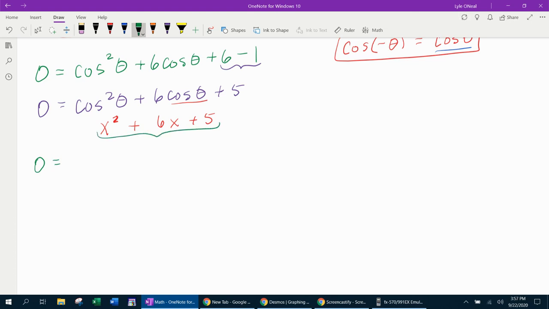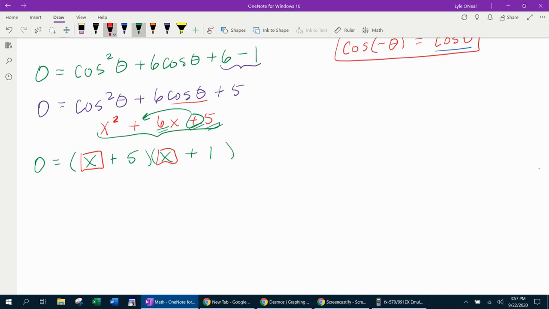To factor this trinomial, we're going to have two sets of parentheses. X and x make x squared. The signs are both going to be positive. Numbers that multiply to make 5, that add to make 6, 5 and 1. And then we're going to go back and we're going to substitute for our x's. Remember we said that x really is cosine theta.